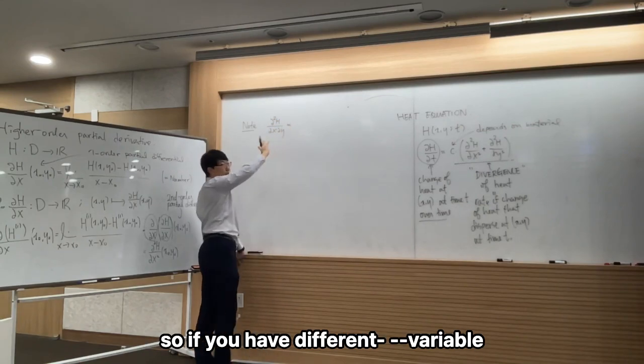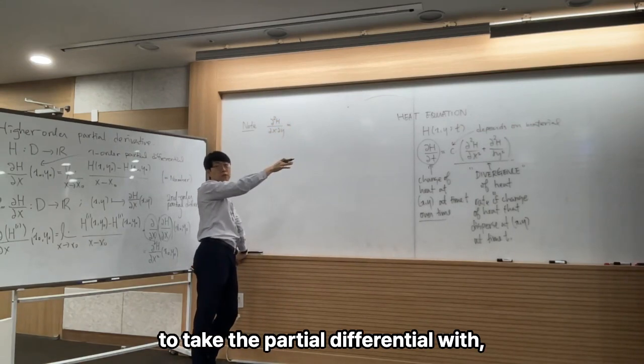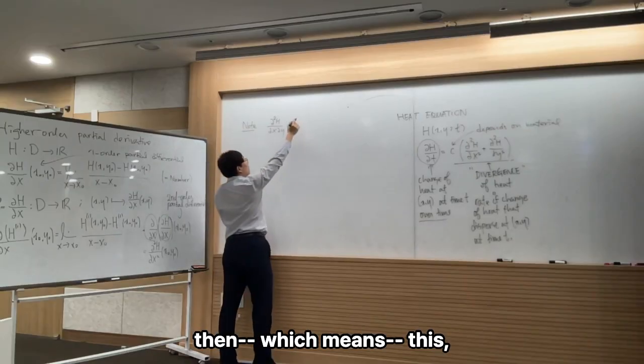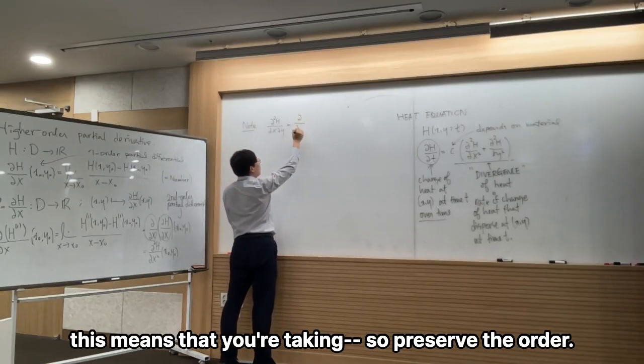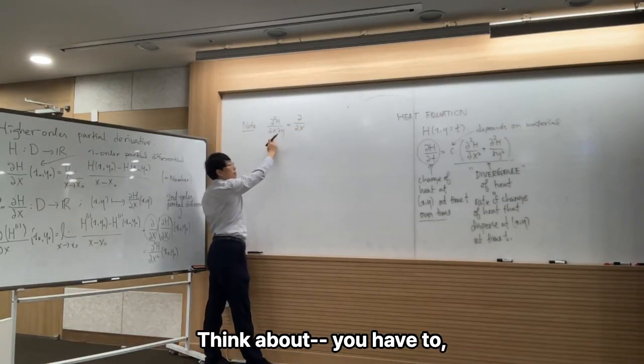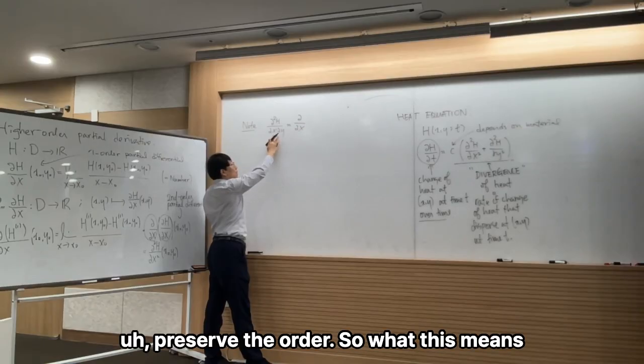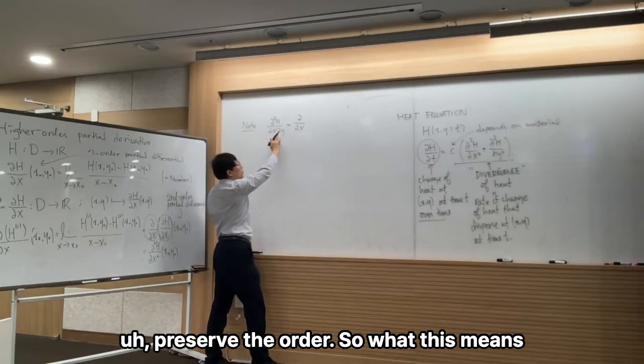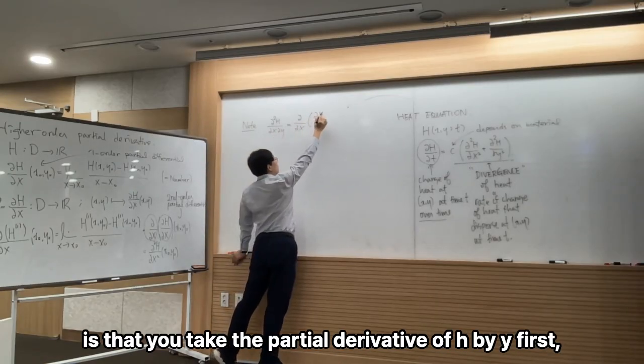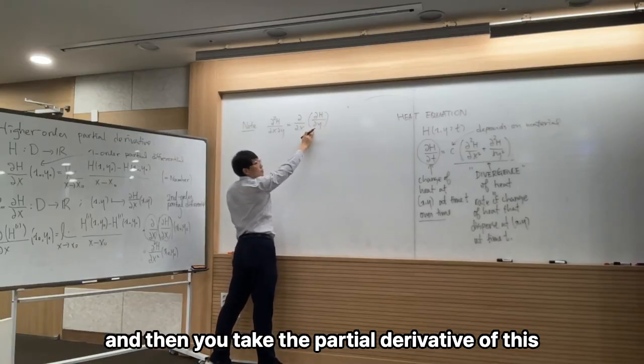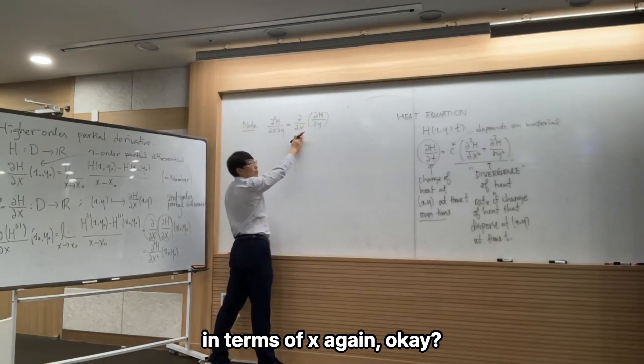If you have different variables to take the partial differential with, this means that you're taking, so preserve the order. You have to preserve the order. So what this means is that you take the partial derivative of h by y first, and then you take the partial derivative of this in terms of x again.